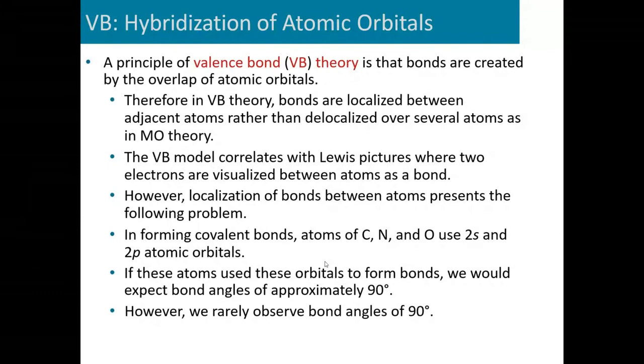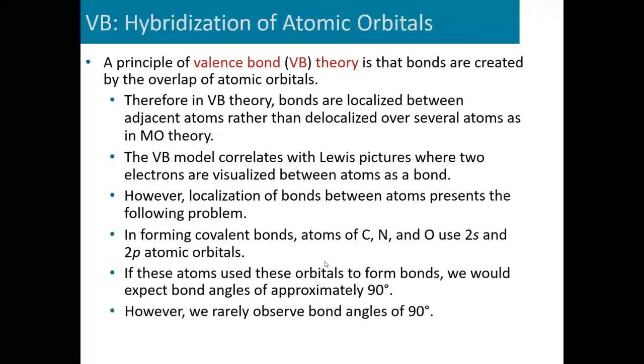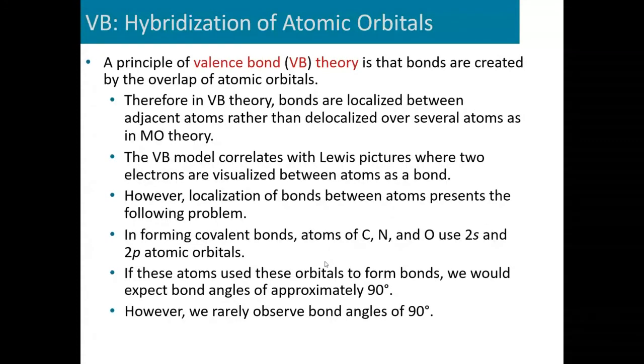Another thing is that you would expect those bonds to have different angles, and it turns out that the expected angles would be about 90 degrees, and we very rarely observe 90 degree angles in molecules. One example of 90 degrees would be square planar complexes of platinum.